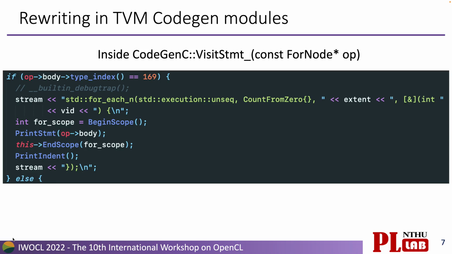So when traversing the TVM internal representation, when we encounter a for node, we check if the loop body is a store node. And if so, we output std::for_each_n and std::execution::unseq and the like.